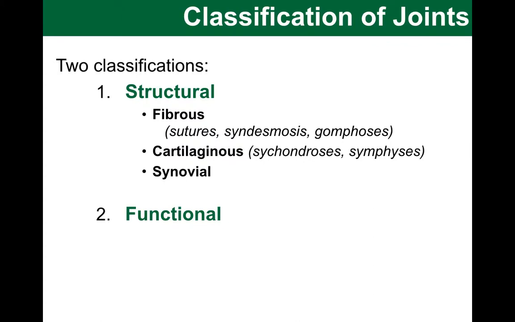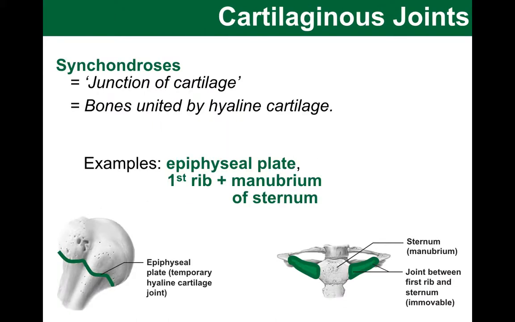Now let's move our attention to the cartilaginous joints. There are 2 types to look at in this group. The first one that I want us to have a look at is the synchondrosis. This means the junction of bones that are united into one as cartilage.